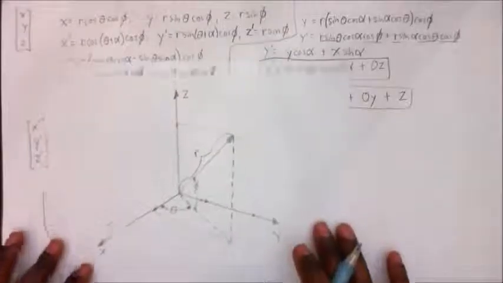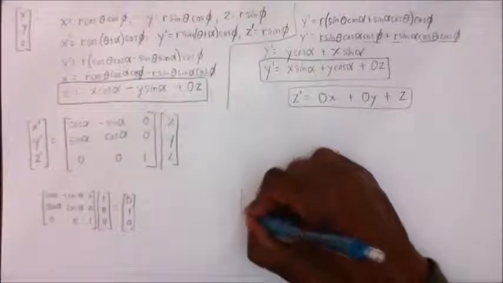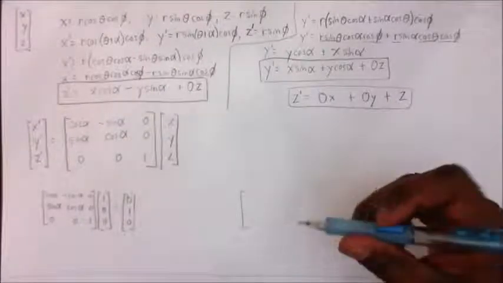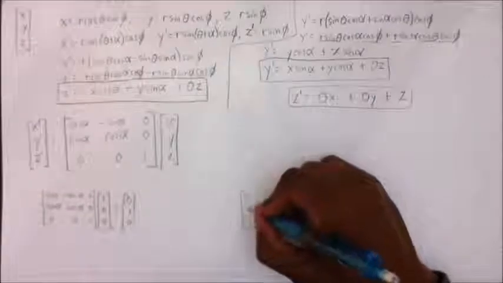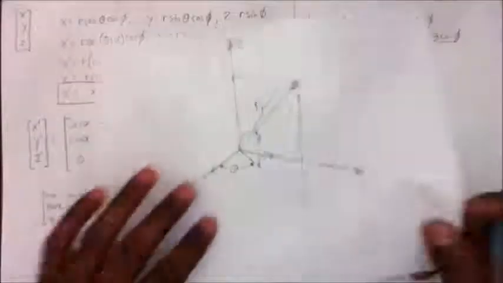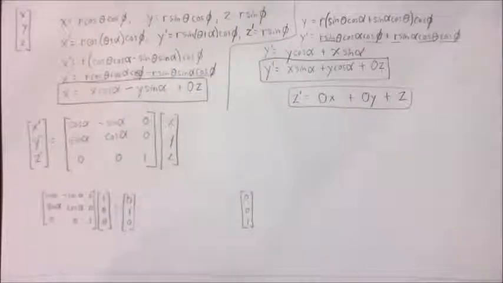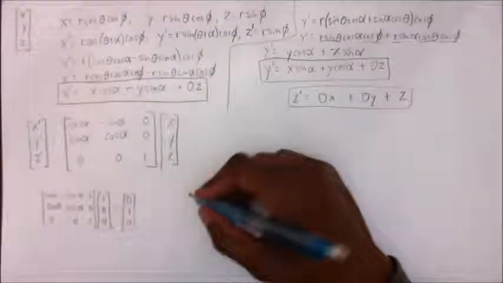Now let's pick another vector. This time we're going to have a vector that is 0, 0, 1, and that's basically a unit vector along the z-axis. We're going to operate on that by rotating it along the horizontal plane, and see what happens.